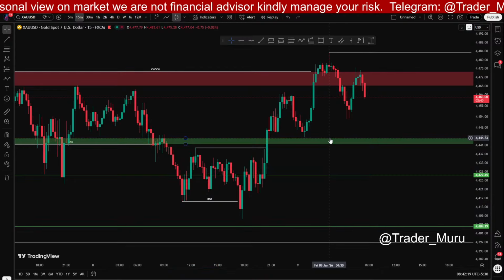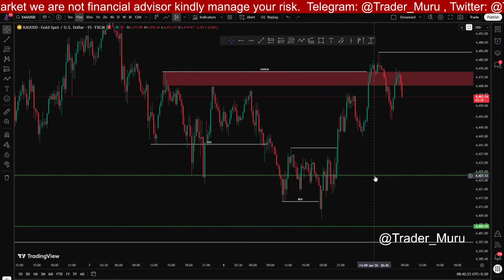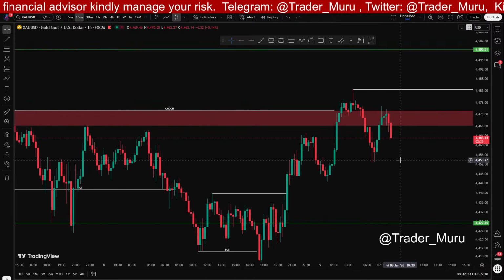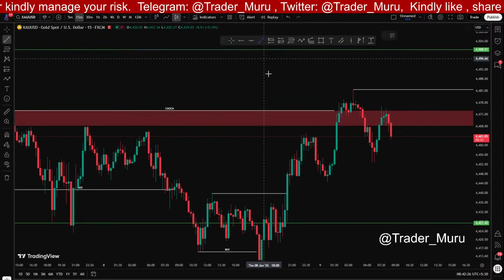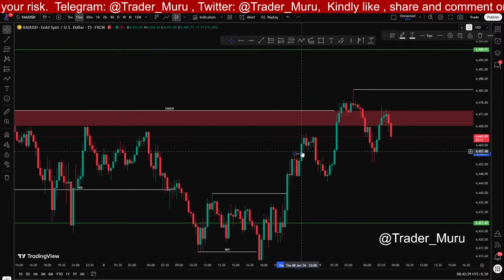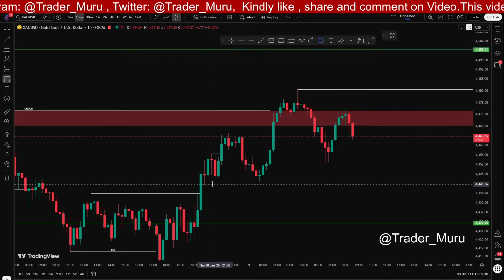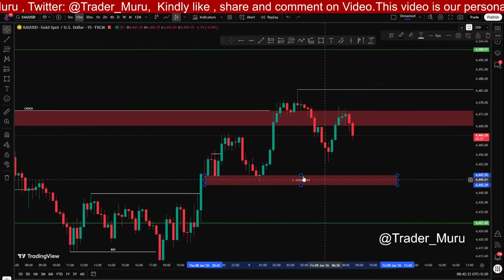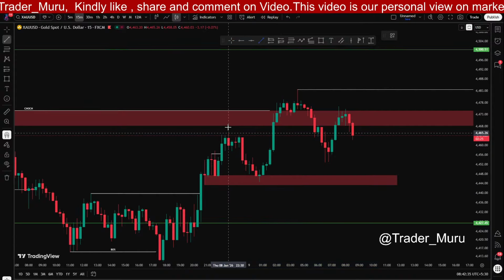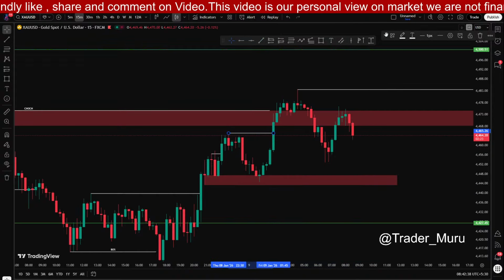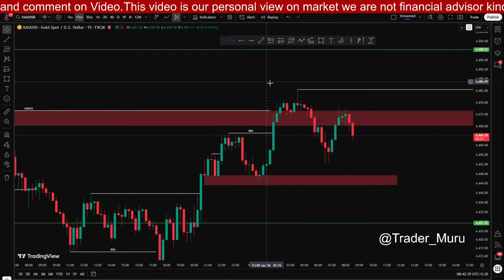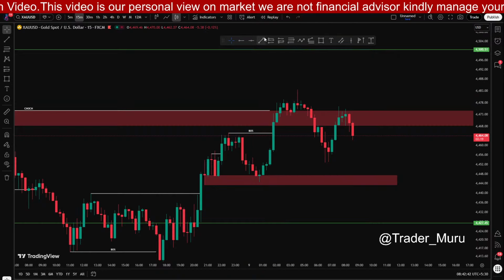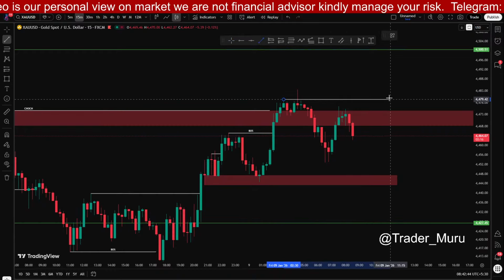Let me remove this all, we don't need it right now. And then we have another breakout structure, test of structural areas, pump again, new breakout structure, and this is our high.